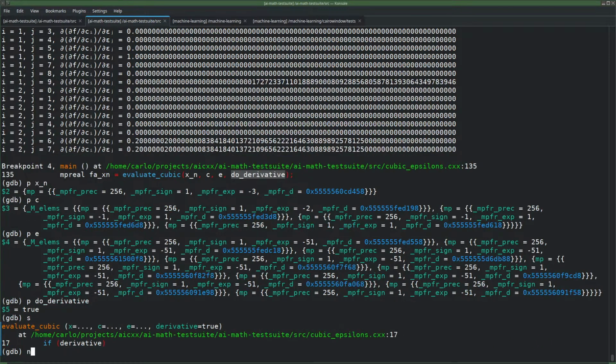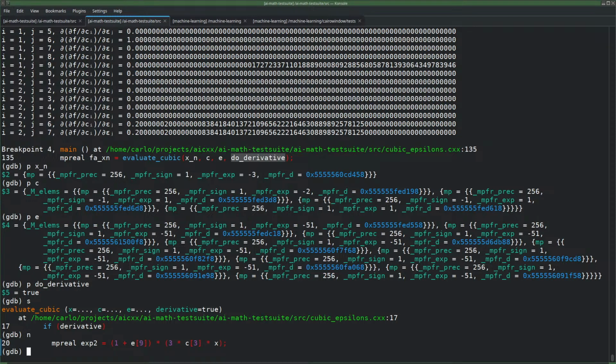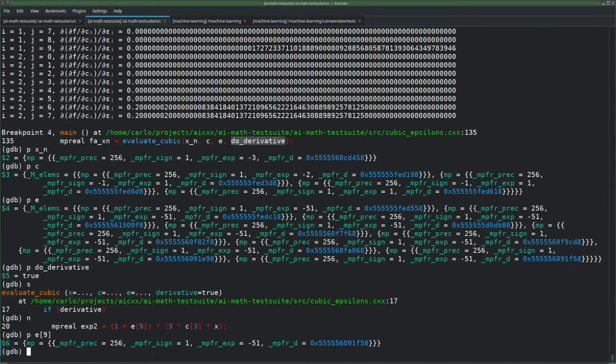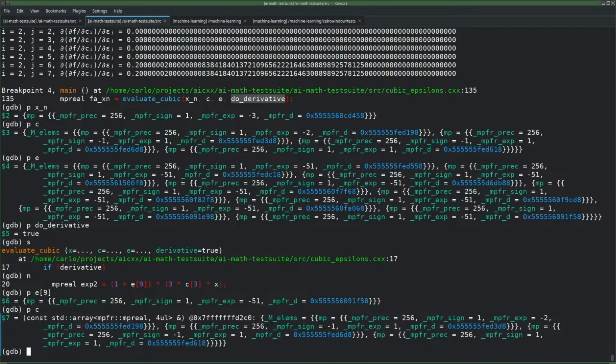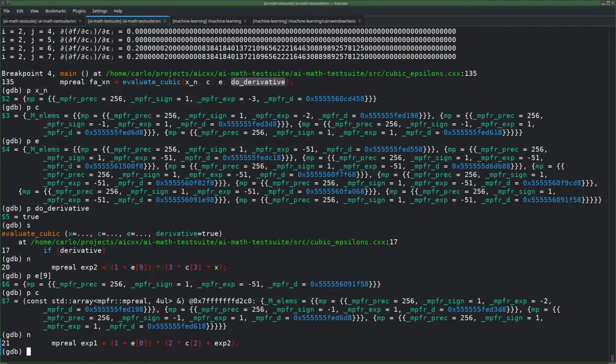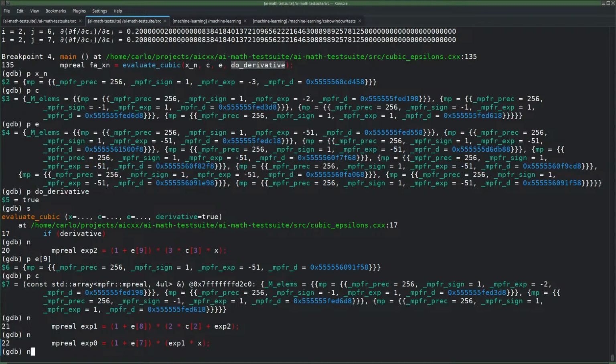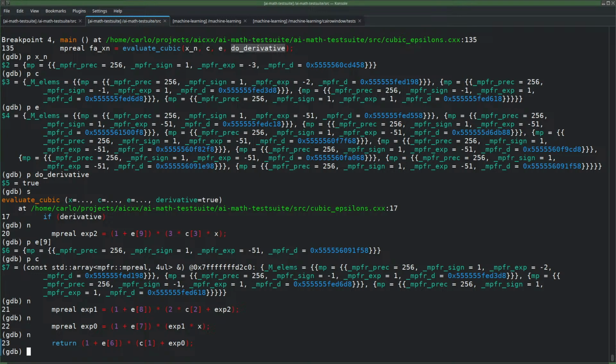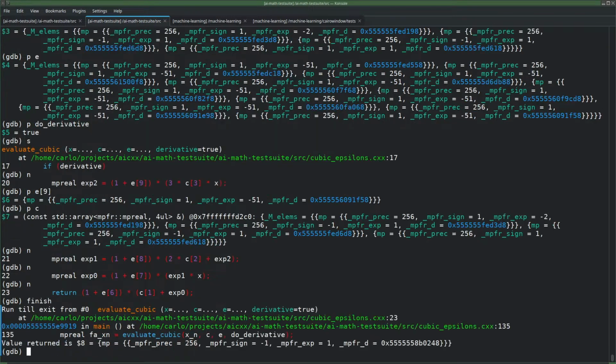Step. Now we're back in this line. It just worked.